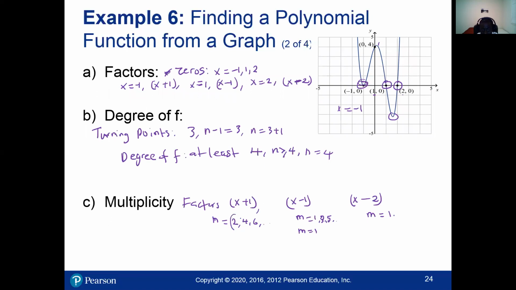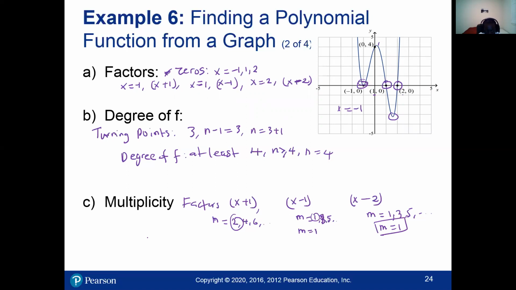As we explained in the previous slide, the multiplicity of the factor x plus 1, the minimum is 2. The multiplicity for x minus 1, the minimum is 1, but this also could be 3, 5, and so on. So we are using 1, and here we are also using 1.